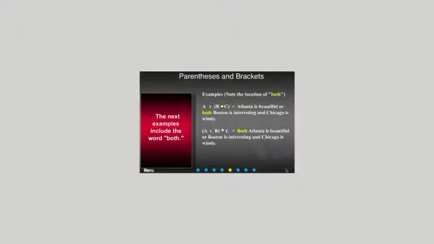Right, and so that's what this means. Atlanta is interesting, or Boston is interesting, parentheses, big comma, and it happens to be the case also that Chicago is windy. Here, Atlanta is interesting, comma, that is, or both of these are the case: Boston is interesting and Chicago is windy. So note the location of both.